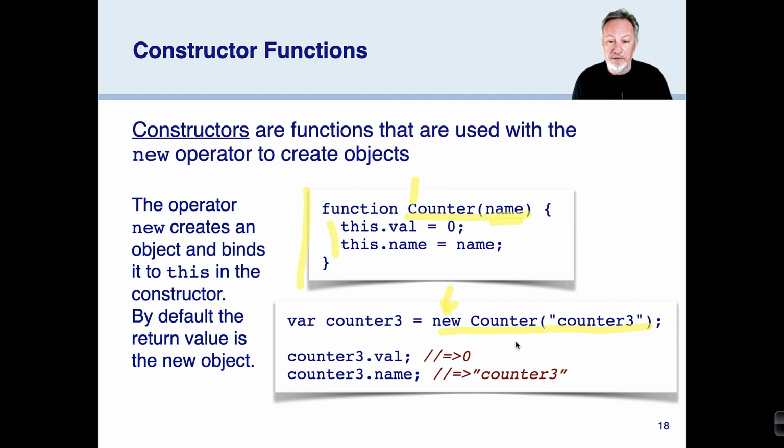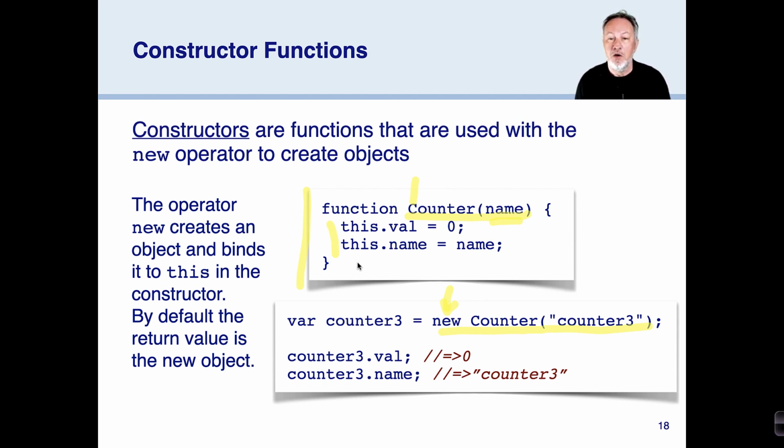Now, what new does is create an object, and it binds it to this in the constructor. By default, the return value is the new object. So this Counter function doesn't have to explicitly return anything. Silently, the newly created object will be returned.